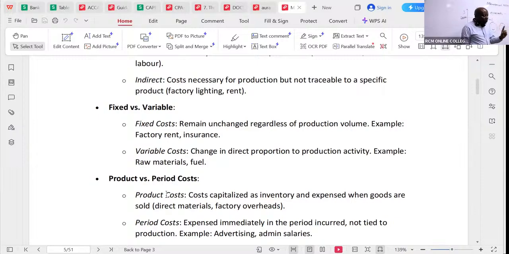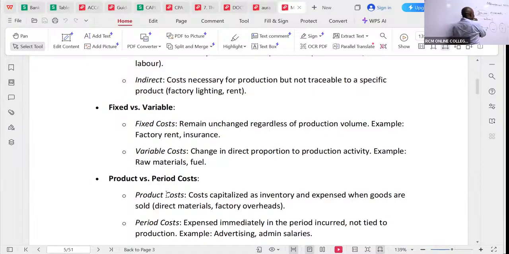For example, we pay salaries on a monthly basis. Because they are not dependent on the volume we produce, they can never become part of inventory.